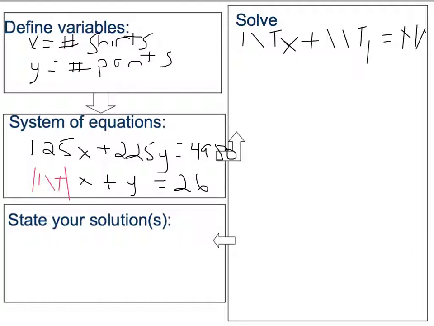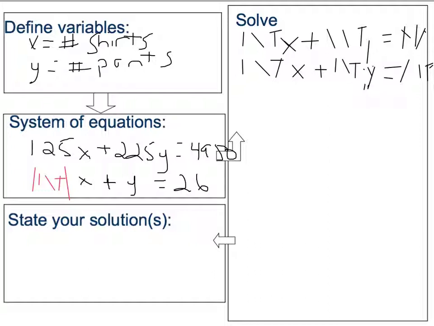And my second equation is now going to be 125x plus 125y. Sorry, that's a y. Let me erase that. Is equal to 3,250.